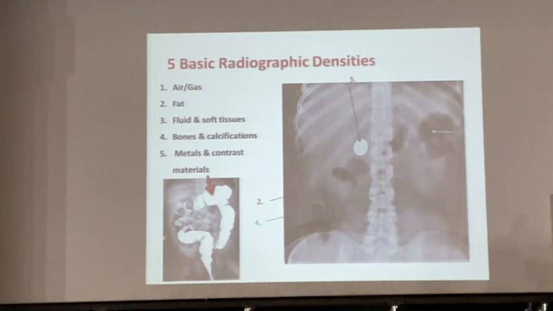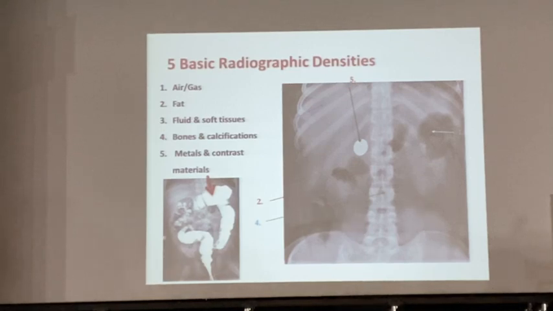There are 5 basic densities that can be differentiated by the plain radiograph. You have air, fat, fluid and soft tissues. Fluid and soft tissues cannot be differentiated by X-ray.